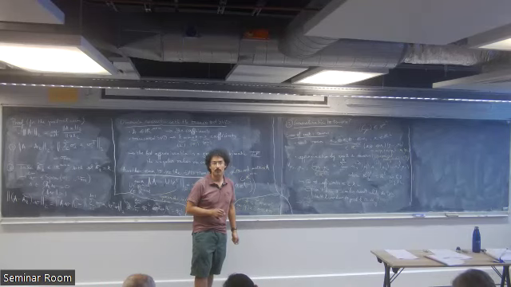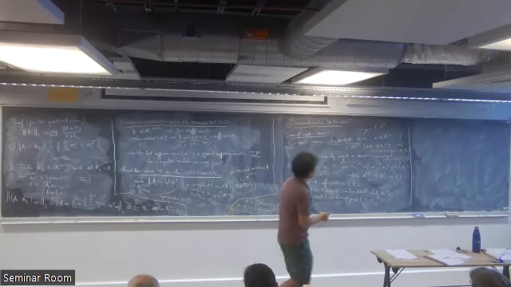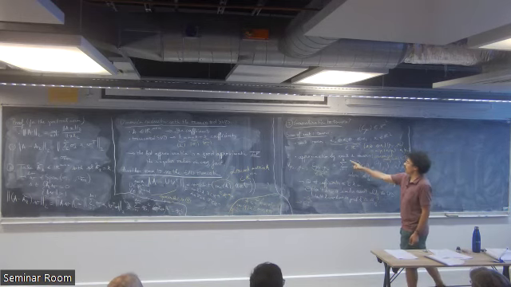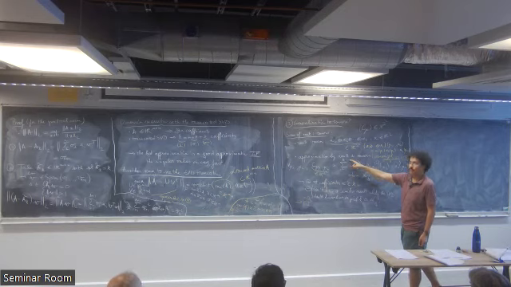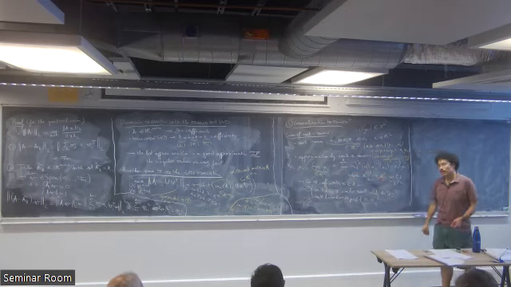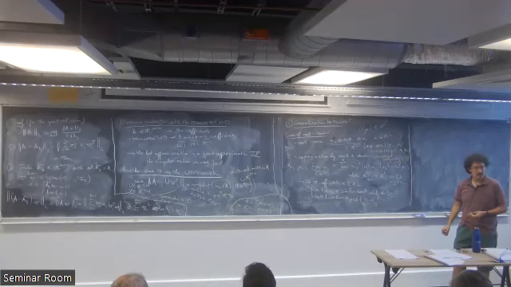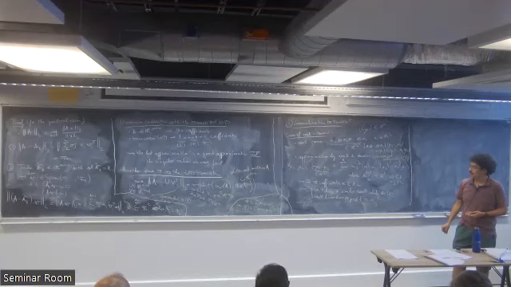Here you also have a dependence on K. If you have a CI with 100 Slater determinants, you can say that K equals 100.